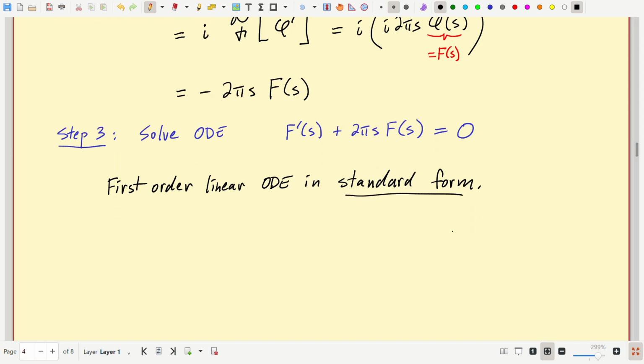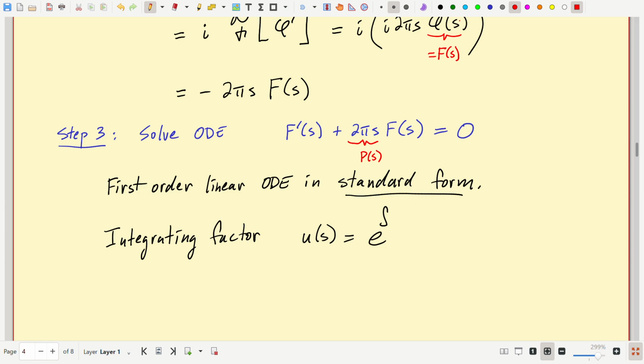And so we know there's an integrating factor. Let's see, it would be u of s is e to the integral of the function right here, call that p of s, e to the integral of p of s ds.